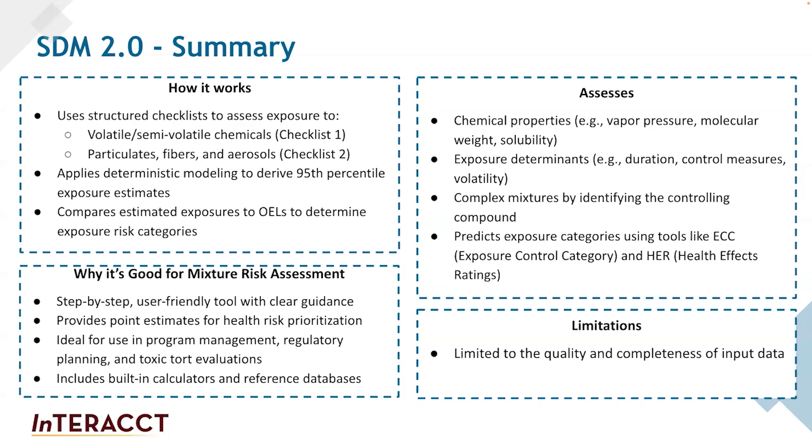The model also predicts exposure categories using tools like the ECC and HER. STM 2.0 is especially useful for mixture risk assessment because it's a step-by-step user-friendly tool that provides point estimates for prioritizing health risks. However, the tool's accuracy is limited by the quality and completeness of the input data, making thorough data collection essential for reliable results.